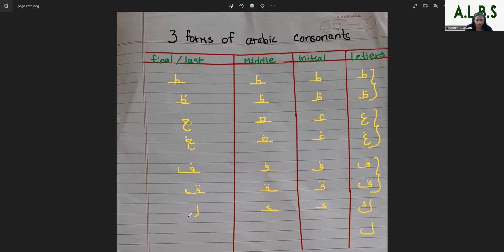And the final one is the letter itself. Lam, it's a standing line with the tail at the left side. Standing line having the tails on either sides. And the final form, the structure itself.